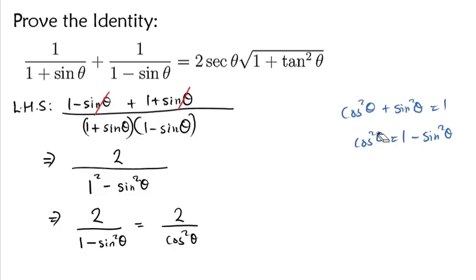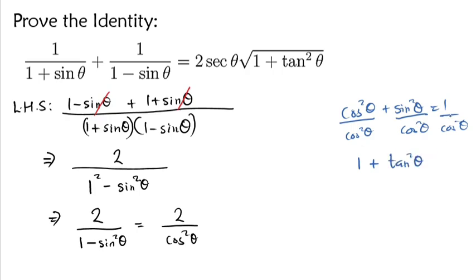Now, the same identity, let me just show you something quickly again. If I divide throughout by cos squared, it will look something like this. Cos squared over cos squared is 1. Sine squared over cos squared is tan squared. 1 over cos squared is sec squared theta.